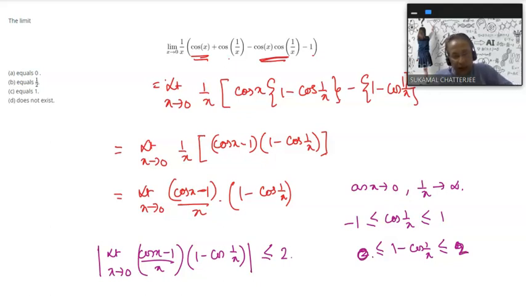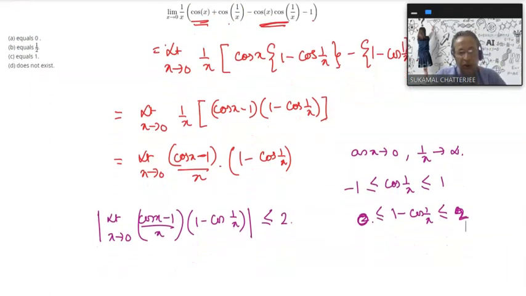So that means this will be less than or equal to 2 times the absolute value of limit x tending to 0 of cos x minus 1 by x.